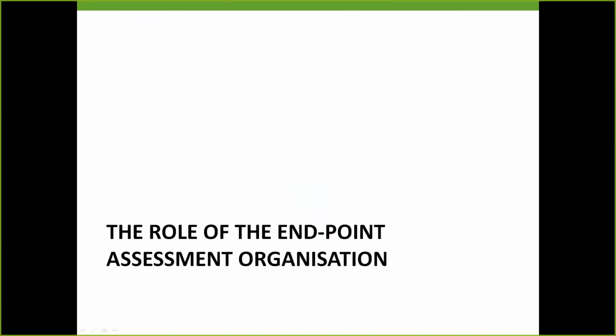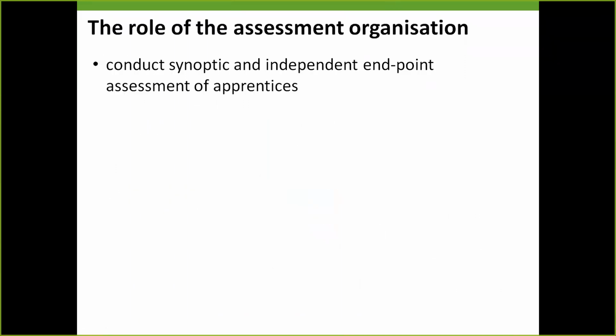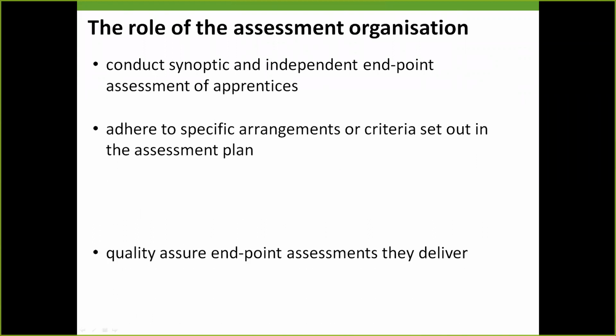So when we look at the role of endpoint assessment, I suppose it's important to reflect back on the initial diagram that we had. So this is essentially a new part to the apprenticeship programs, as we know. And the role of the endpoint assessment organisation is to conduct synoptic and independent endpoint assessment, to adhere to specific arrangements of the criteria set out in this assessment plan, and that's pretty crucial.